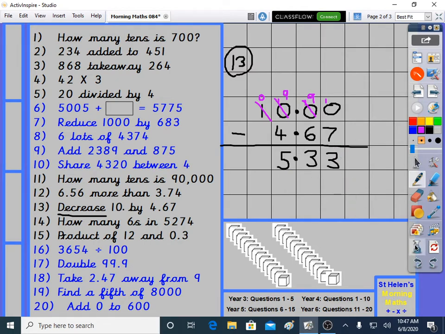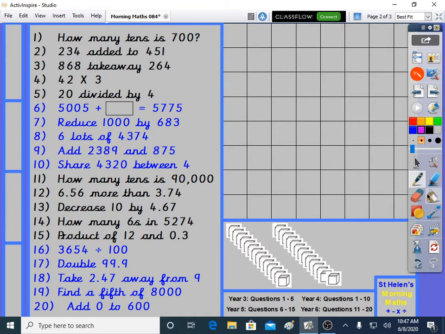And we're on question 14. How many 6s in 5,274? I've been talking about this with year 3 and year 4 today. How many somethings in a something is division. How many 6s in 5,274 is division?